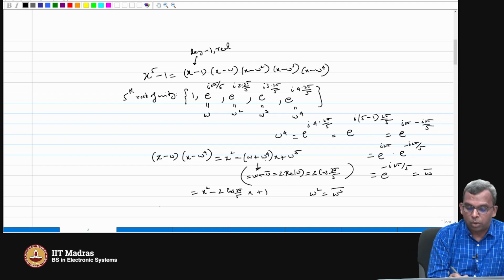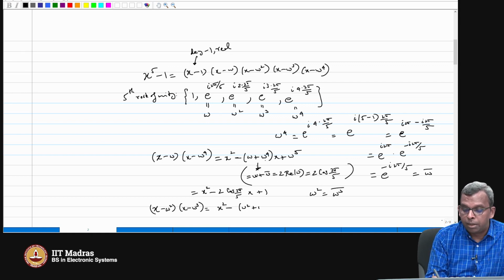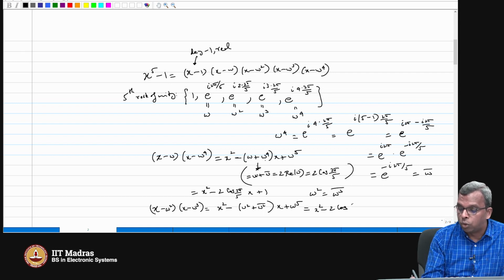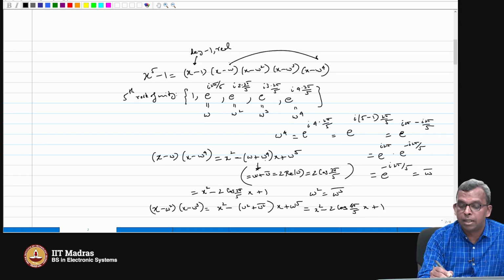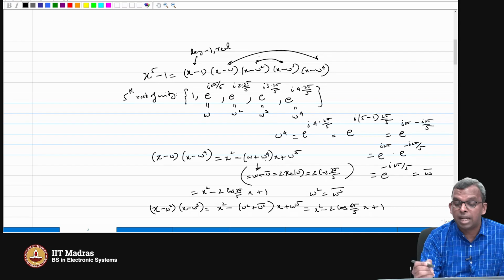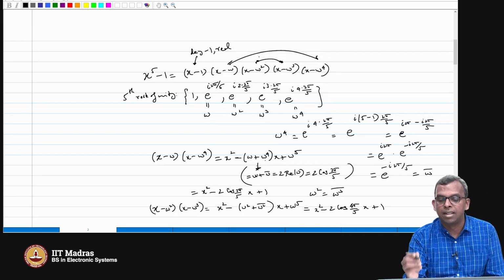A very similar calculation will show you x minus omega squared times x minus omega power 3 is x squared minus omega squared plus omega squared bar into x plus omega power 5, and that is just x squared minus 2 cos 4 pi by 5 x plus 1. So, you multiply these two together, and these two together, because I identified complex conjugate pairs as roots.